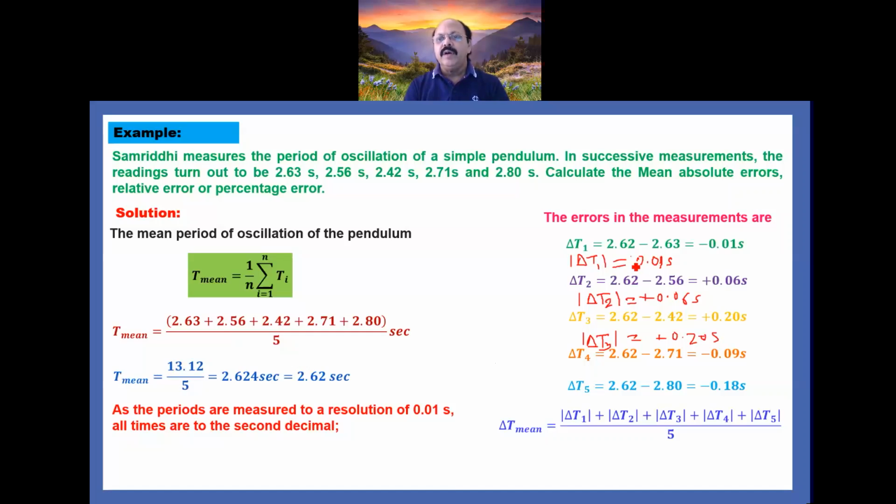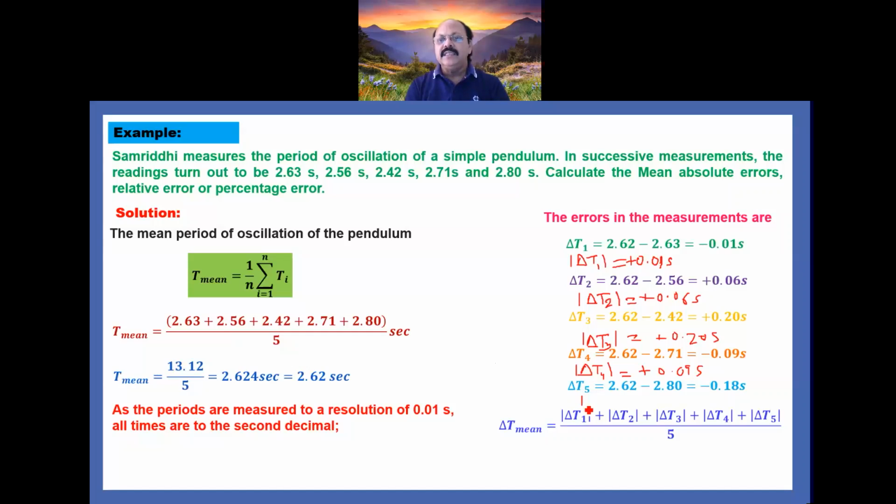This is also a positive value. Mod is always a positive value. Delta T4 mod is equal to plus 0.09 second.